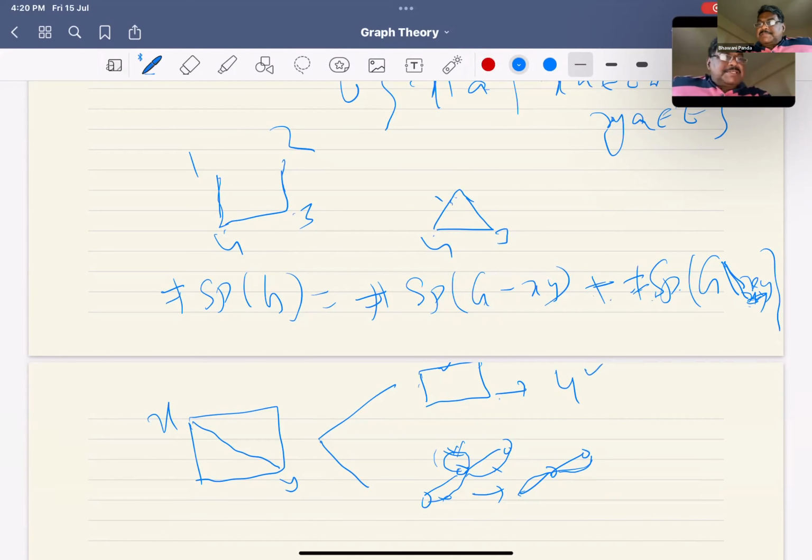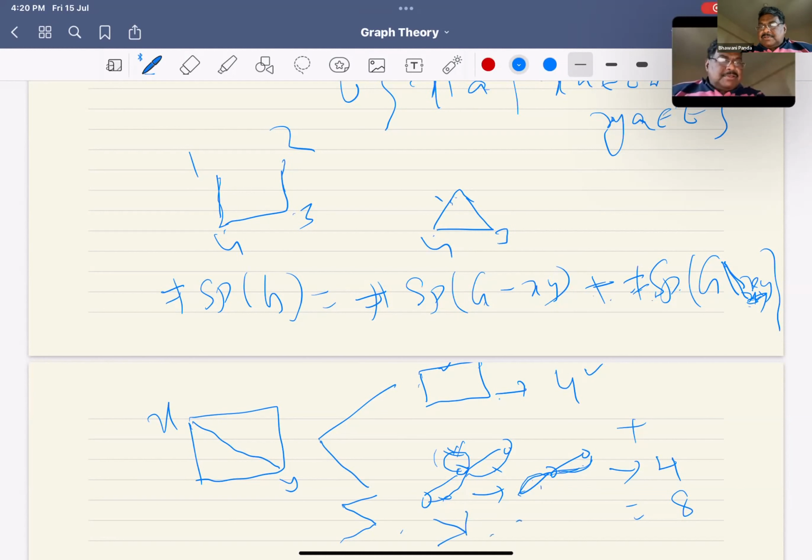For this particular graph, how many spanning trees are there? I will take this edge and this edge, so there are 2 choices. 2 into 2, 4. So 4 plus 4 is equal to 8. Containing this edge xy, you take the original graph, and now I can take this one, this one and this one.